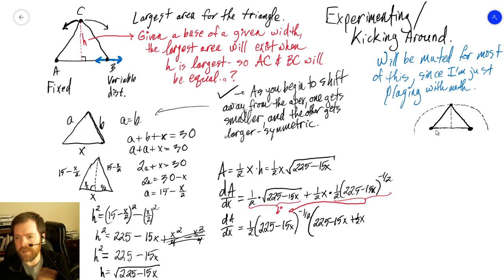So whatever distance this is apart, what's really the important part is that these two are going to be the same length, so it's going to be an isosceles triangle at its maximum area.